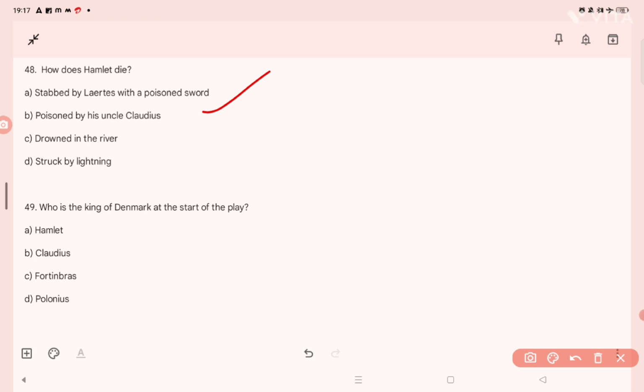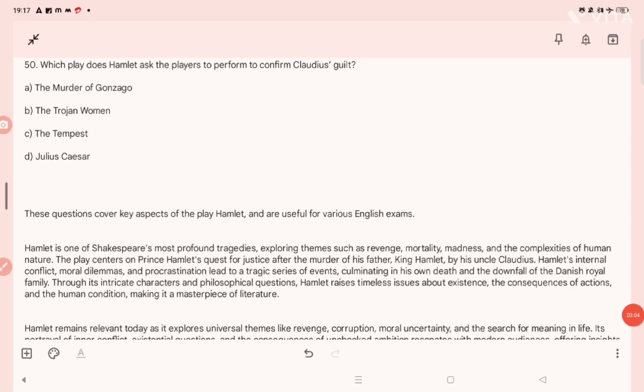Who is the king of Denmark at the start of the play? Claudius. Which play does Hamlet ask the players to perform to confirm Claudius' guilt? The Murder of Gonzago.